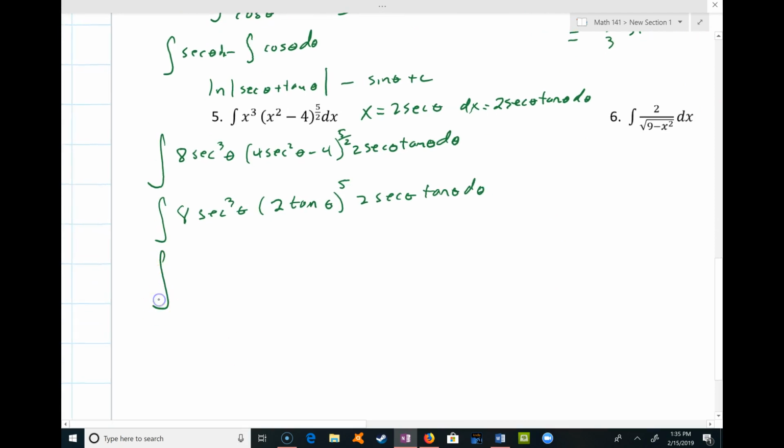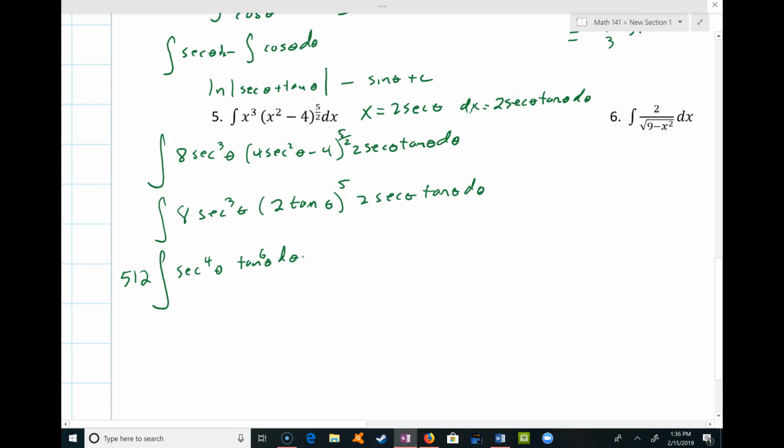So we have the integral, and we have a 2 to the 5th, and there's another 2, so that's 32 times 2 is 64, so 8 times 64, 512. And let's see, how many secants do we have? We have secant to the 4th, and we have tangent to the 6th d theta.